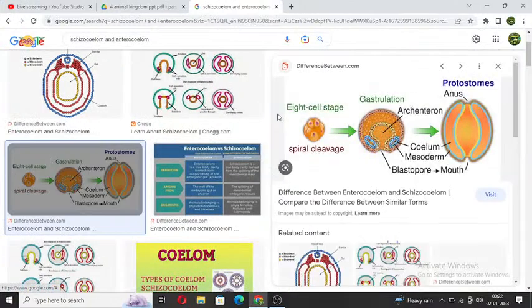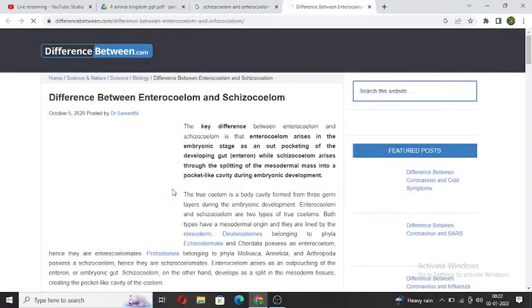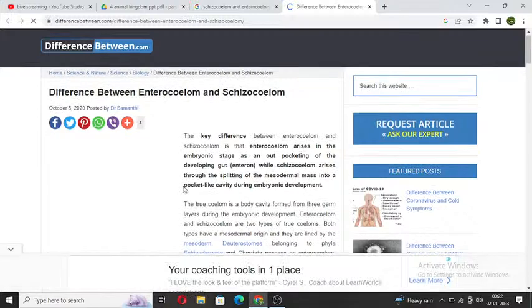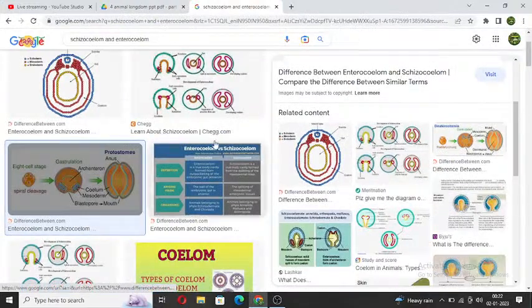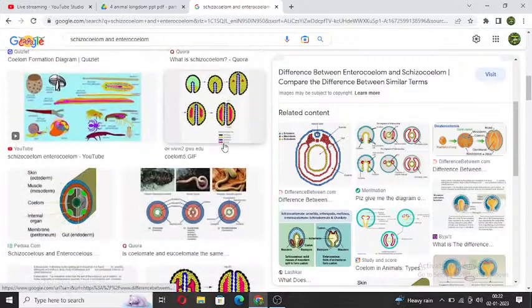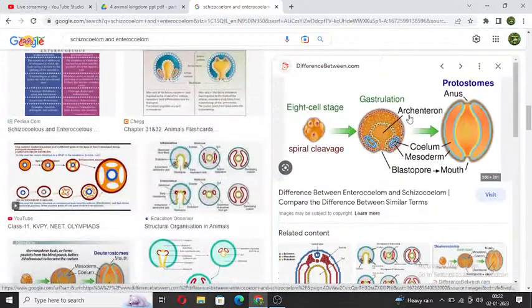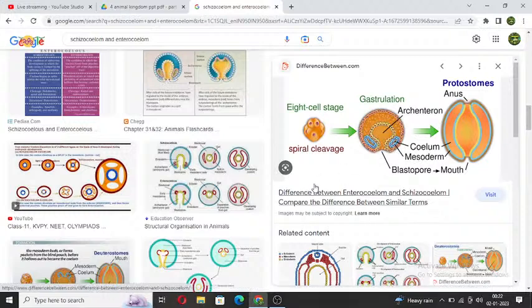You can see here what's the difference between them. This is the archenteron. You can see here the coelom, mesoderm and the blastopore. So the mouth and anus, the presence of protostome, and the cleavage that occurs. You will be learning this also in detail. So this is the difference between the enterocoelom and the schizocoelom.